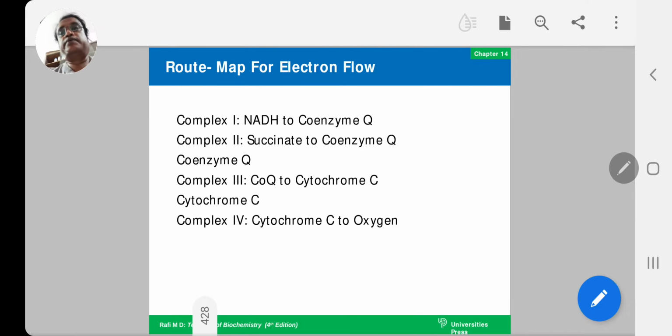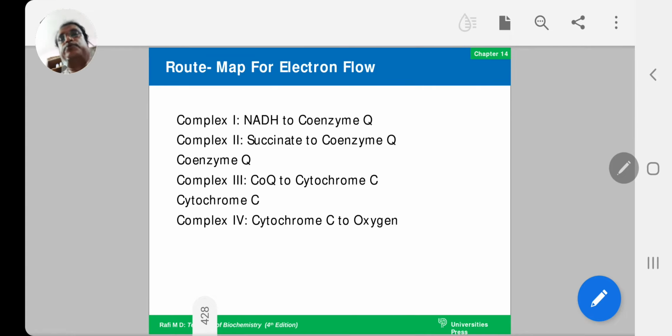Iron in the iron-sulfur clusters cycles between Fe2+ and Fe3+, that is, between the reduced and oxidized state. Electrons in the Fe-S proteins are then moved to coenzyme Q. The entire shuttling process is coupled with an endergonic transfer of 4 protons from the matrix to the intermembrane space.